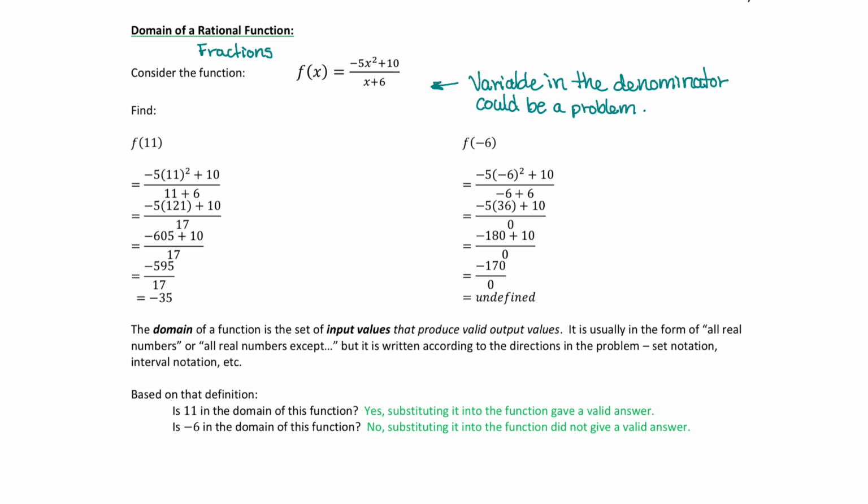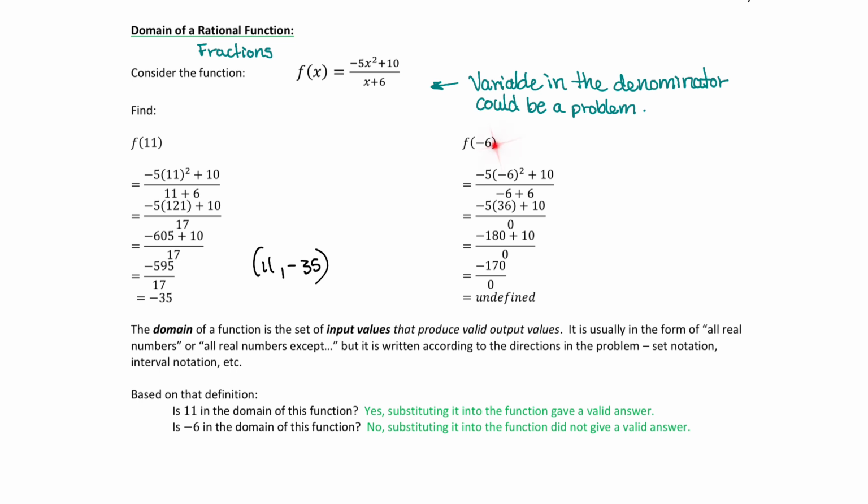Okay, so for example, here's your function, f of x, and if you find f of 11, they've gone through it, done all the math, and the answer is -35. So you found the point (11, -35) on a graph. It worked. You got a point.